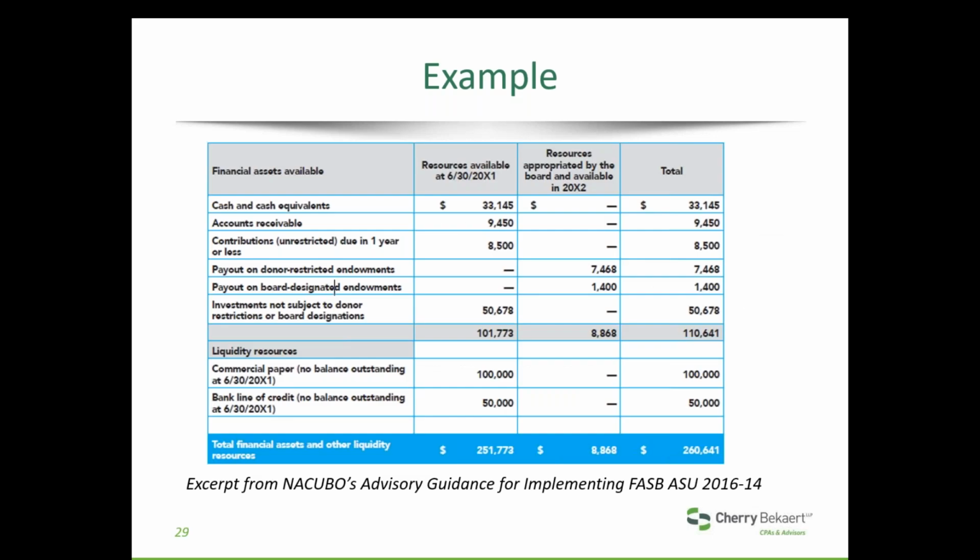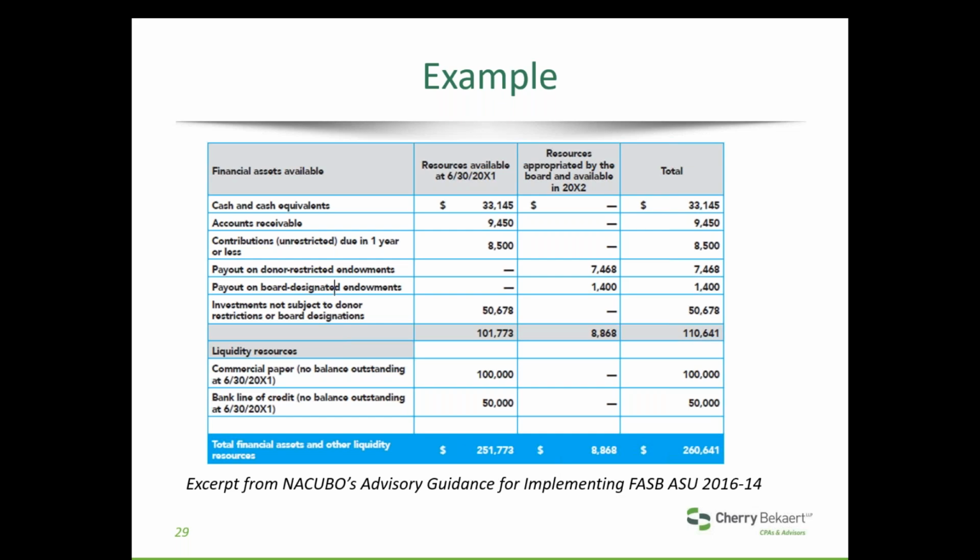And so we'll go through another example, which is a little bit different of an option, and this one is also from the NACUBO advisory guide. In this example, it shows information about financial assets available to meet general expenditures, as well as other sources of liquidity. And you can see at the top, it also has 2 columns for resources available and resources appropriated by the board.